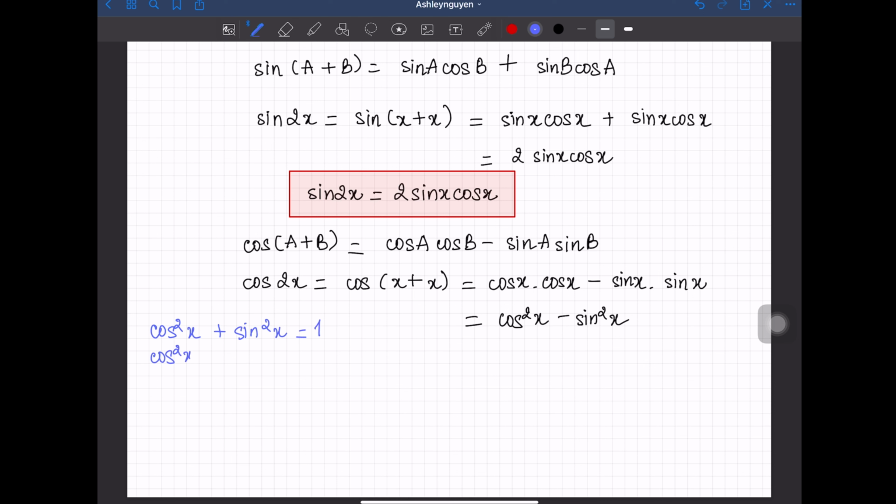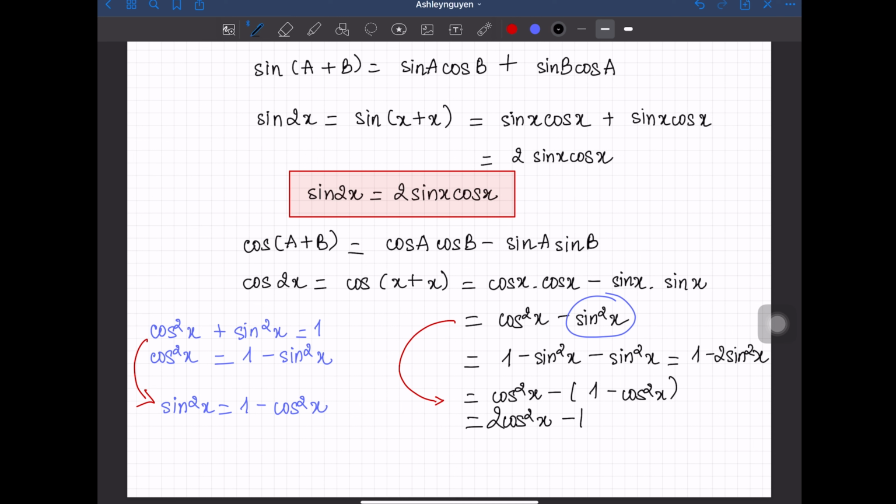So this one equals cosine square x minus 1 minus cosine square x, which equals 2 cosine square x minus 1. So the last identity that is very useful in trigonometry is cosine 2x equal to cosine square x minus sine square x, equal to 1 minus 2 sine square x, and equal to 2 cosine square x minus 1.